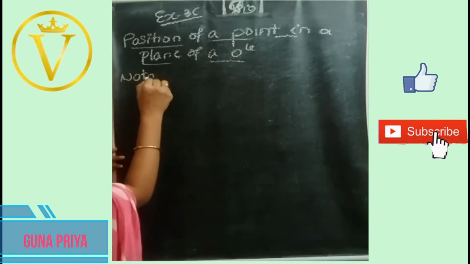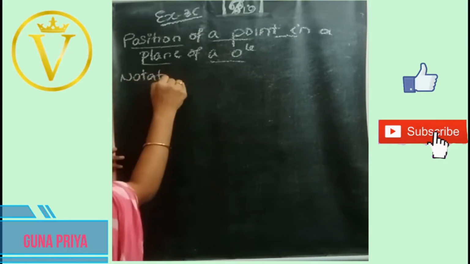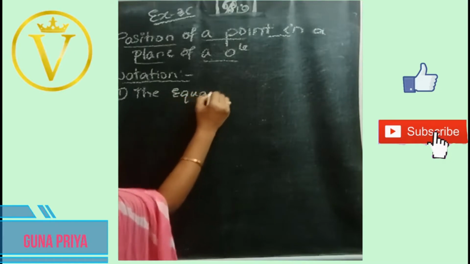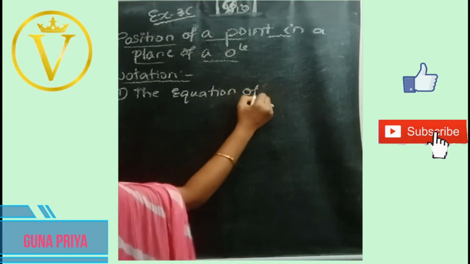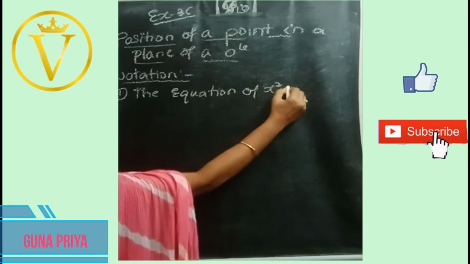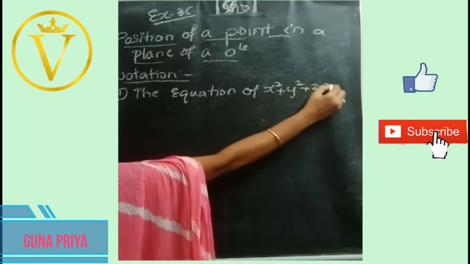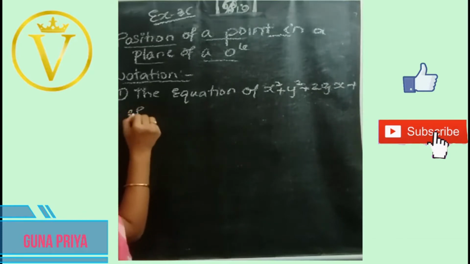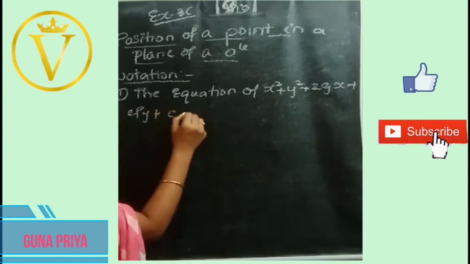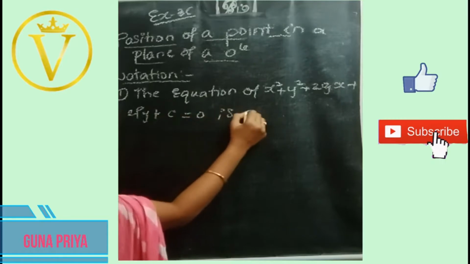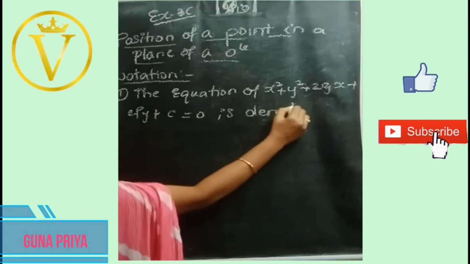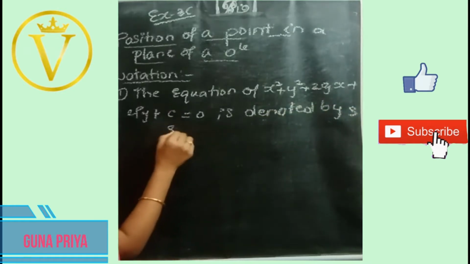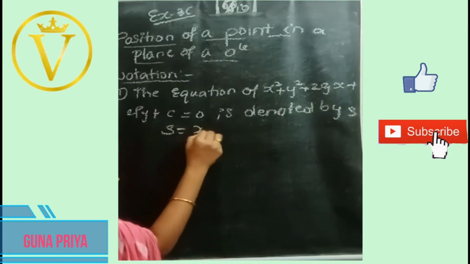First note, notations. The equation of x square plus y square plus 2gx plus 2fy plus c equals to 0 is denoted by S. Yes, this note everyone knows, right?